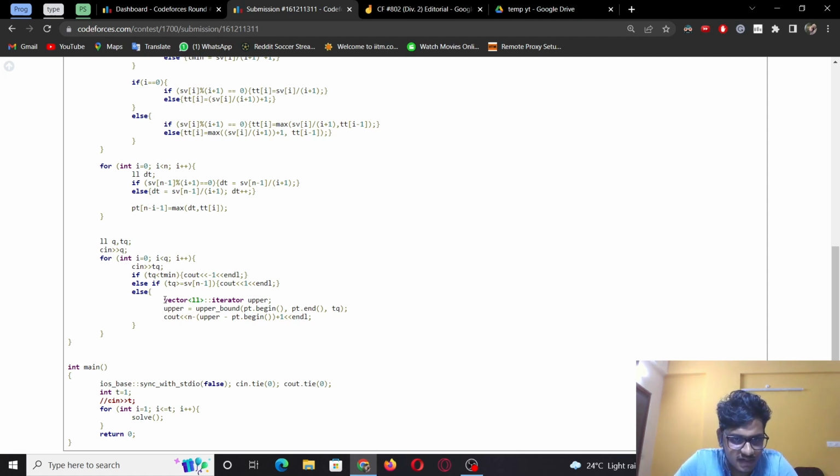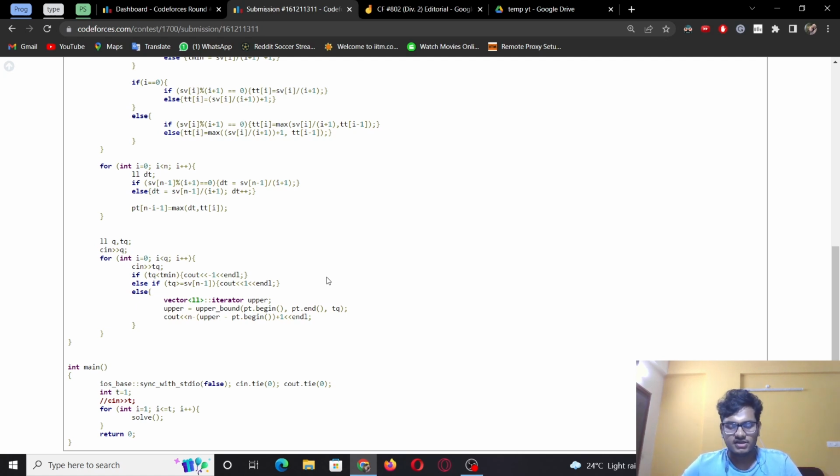And then now we have created an iterator for the vector, and what it does is we are using this inbuilt function upper bound because inbuilt functions in C++ are very efficient, and what it will do is basically return the first element whose value is just greater than tq, and we use that, as we have shown, with the plus one to output the number of pipes that it takes to fill.